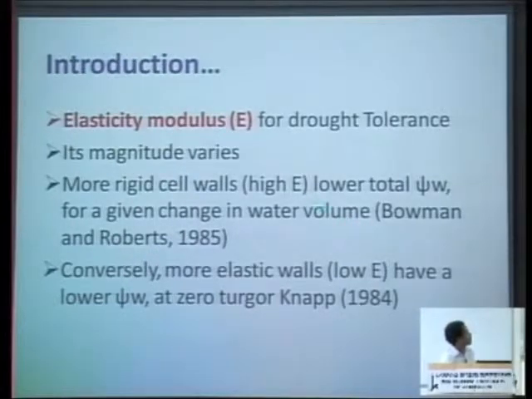That means for a given change in water volume. This is the idea taken from Bowman and Roberts. Conversely, more elastic cell walls, that is low E, have lower water potential at the turgor loss point, which is the idea taken from Knapp.